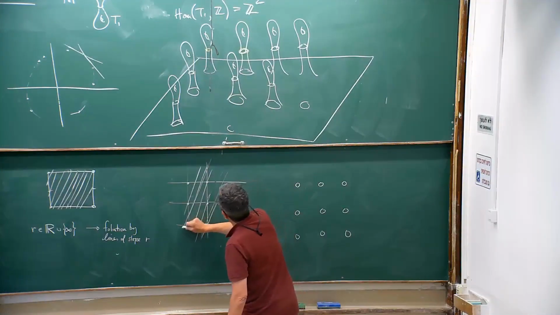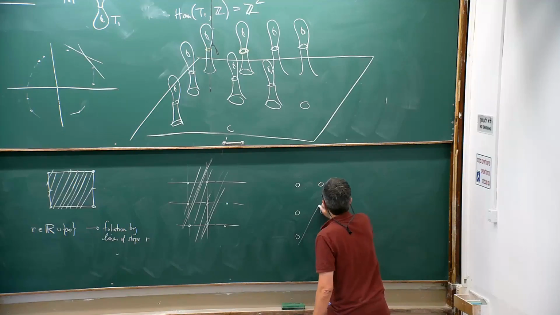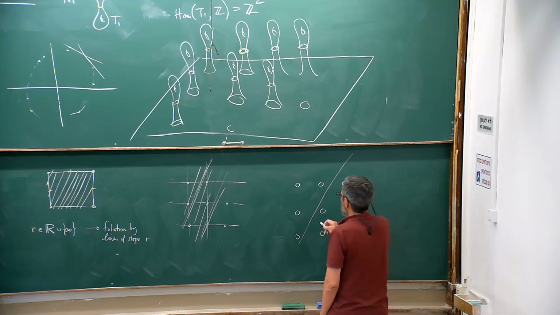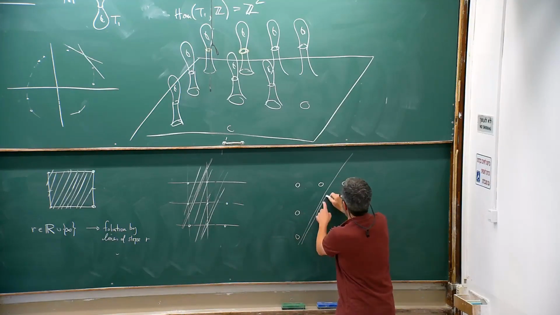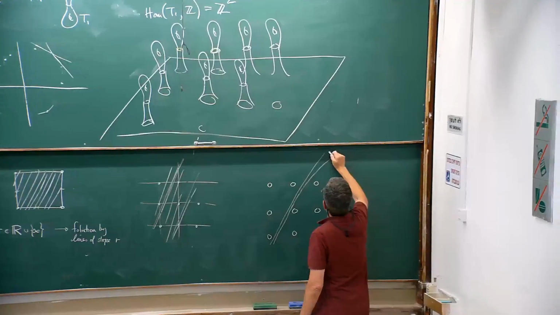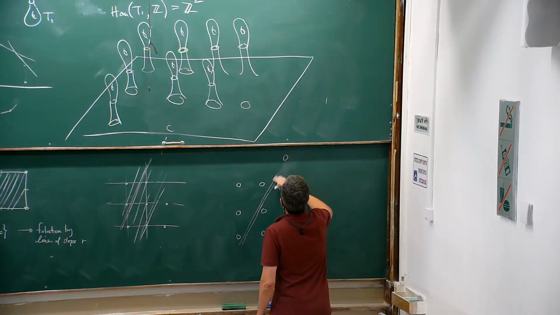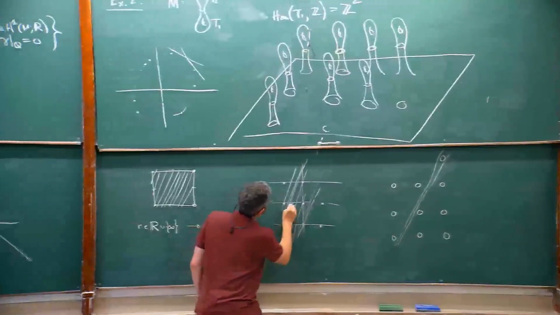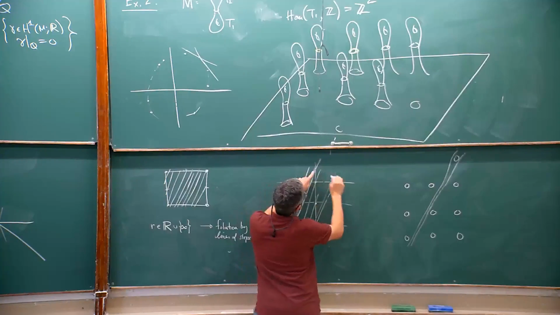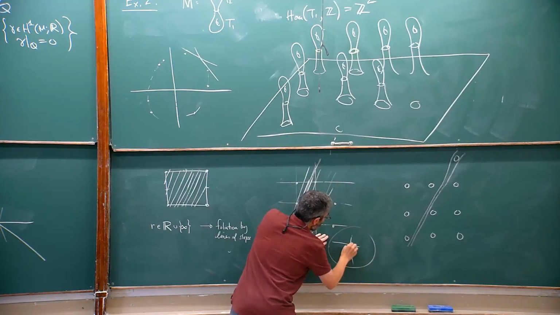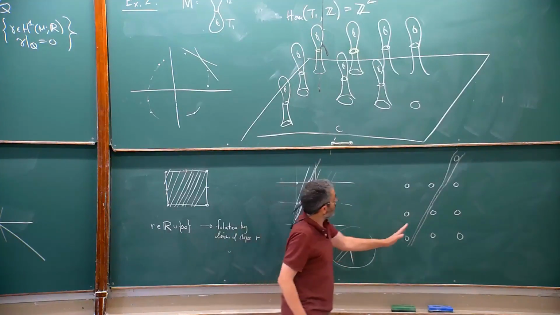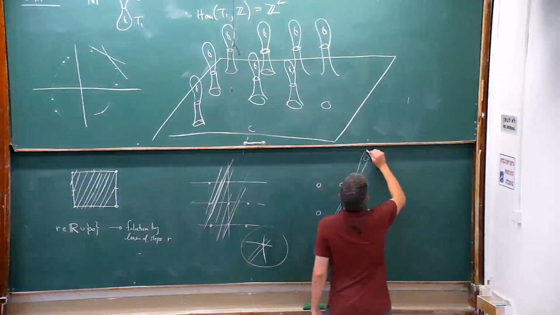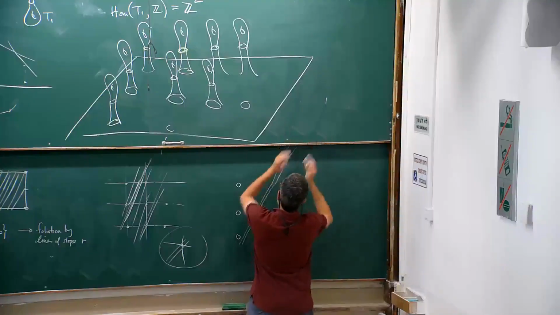If I take two different ones that are very close together, they travel through the same parts of the picture until eventually they travel on opposite sides of a puncture, and then they will continue somehow in the picture.